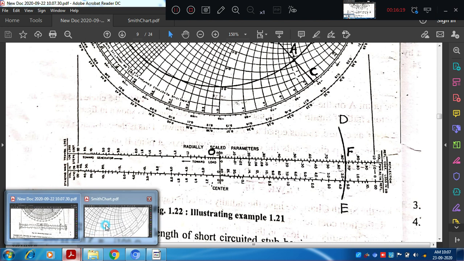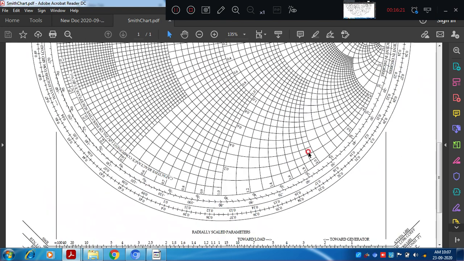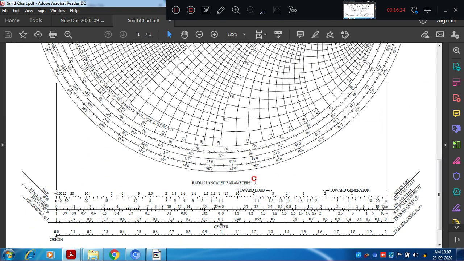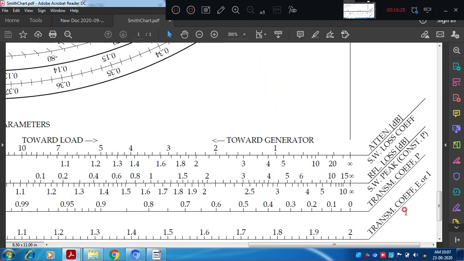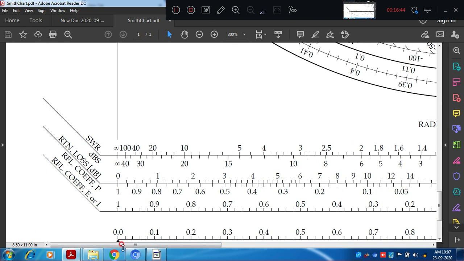Below the Smith chart we have the radially scaled parameters: attenuation as well as reflection loss in dB, standing wave peak, that is constant rho, transmission coefficient, standing wave ratio, return loss, and reflection coefficient.